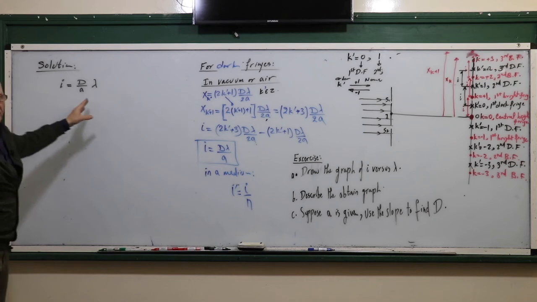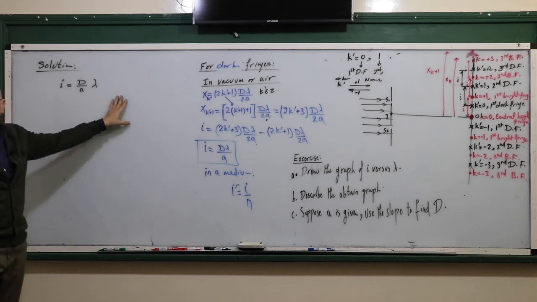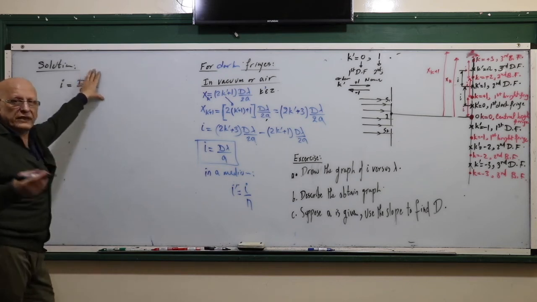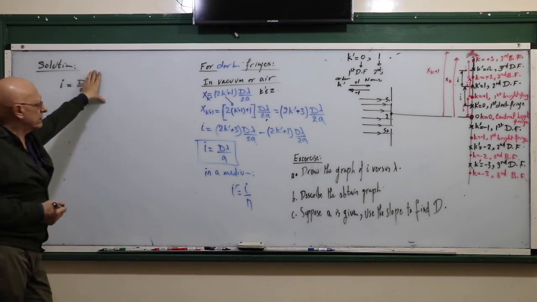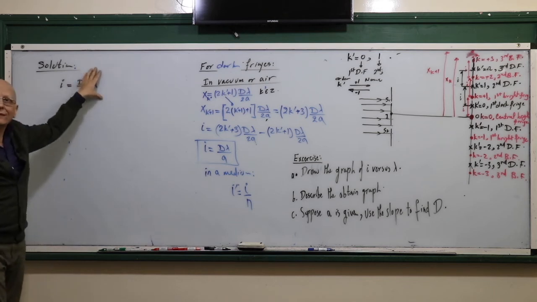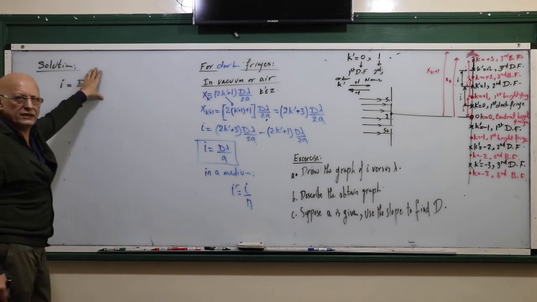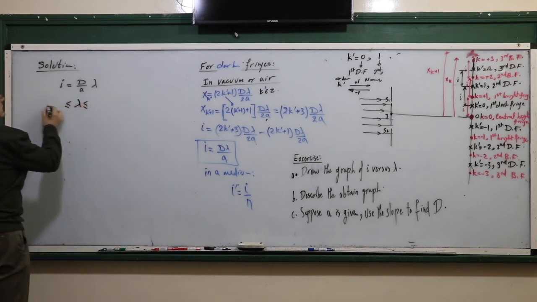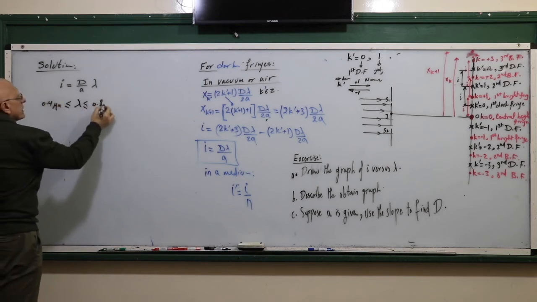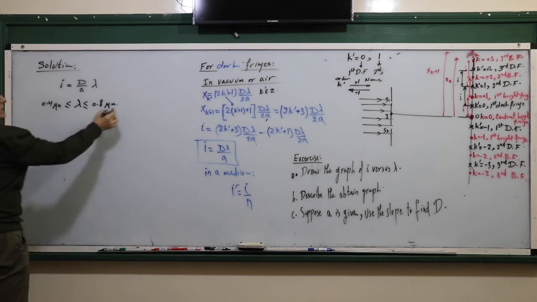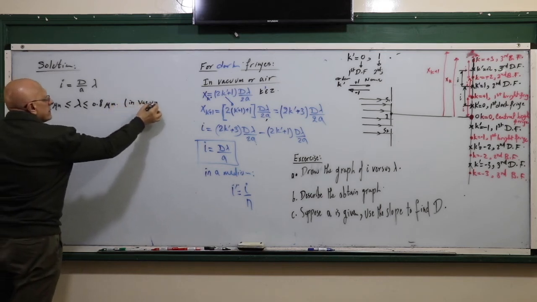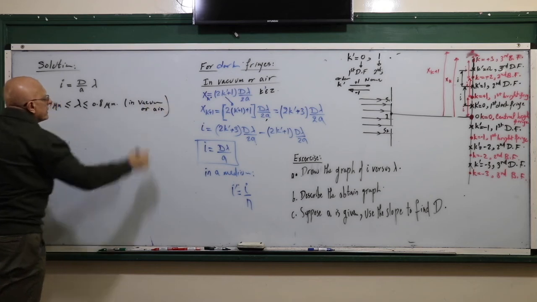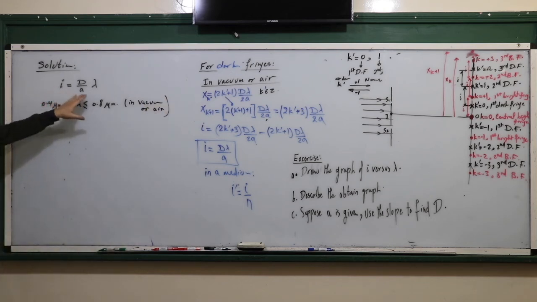And here the domain of definition is not from 0 to infinity. This is not mathematics. This is physics. You know, interference here is called interference of light. So this is lambda of light, whose domain of definition in vacuum, as you said, lambda is between 0.4 micrometer and 0.8 micrometer. So this is in vacuum or air. So there is a minimum and maximum.